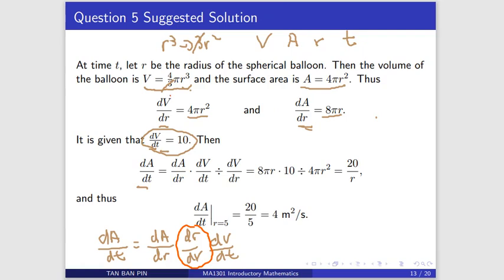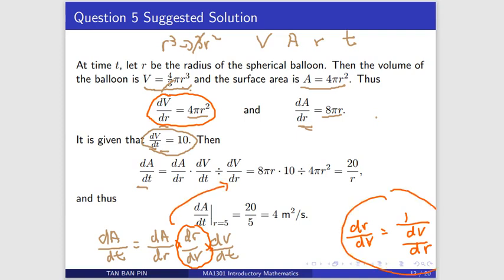You have dV/dr is this, so you make use of the fact that dr/dV is 1 over dV/dr. So instead of multiplying by dr/dV, you should divide by dV/dr, because it's 1 divided by dV/dr.